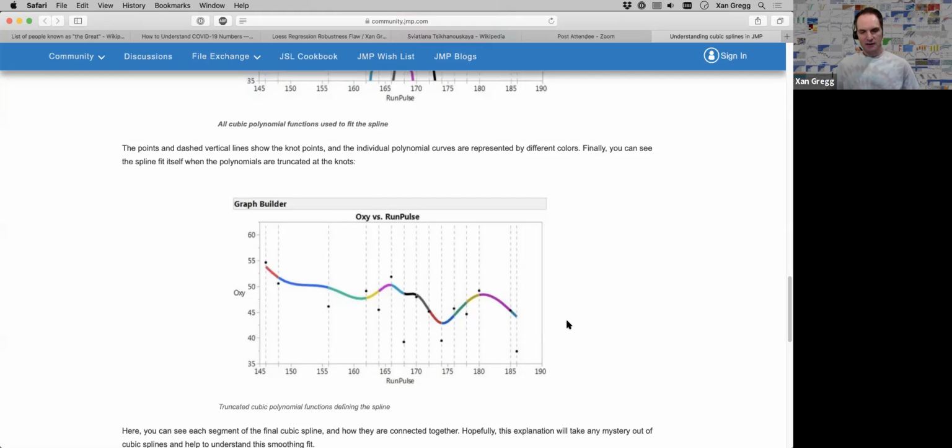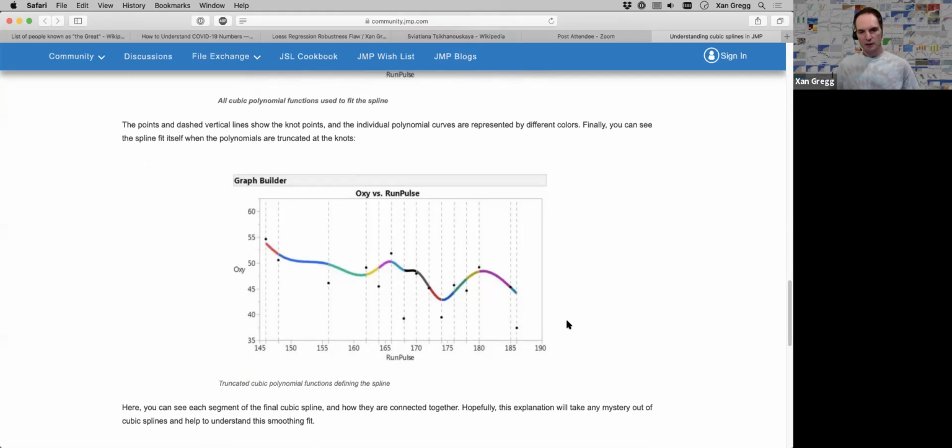So that's a little bit on the Spline Smoother. You notice these dotted lines; these are called the knot points, and there's some choice about where you put the knot points. In this case, if there's not too many data points, you can just put a knot point at every data point. But if there's too many, you have to create some strategy of whether they should be equally spaced or trying to follow the data density.